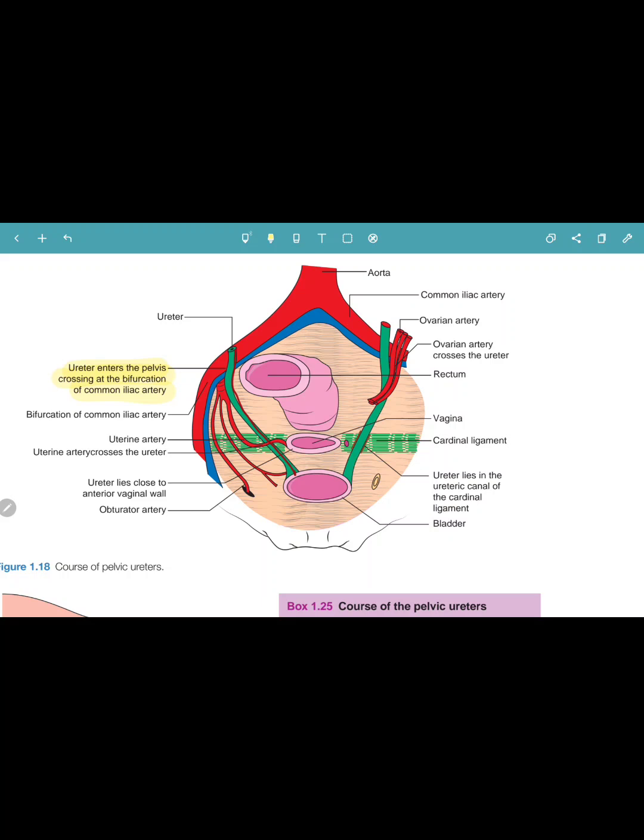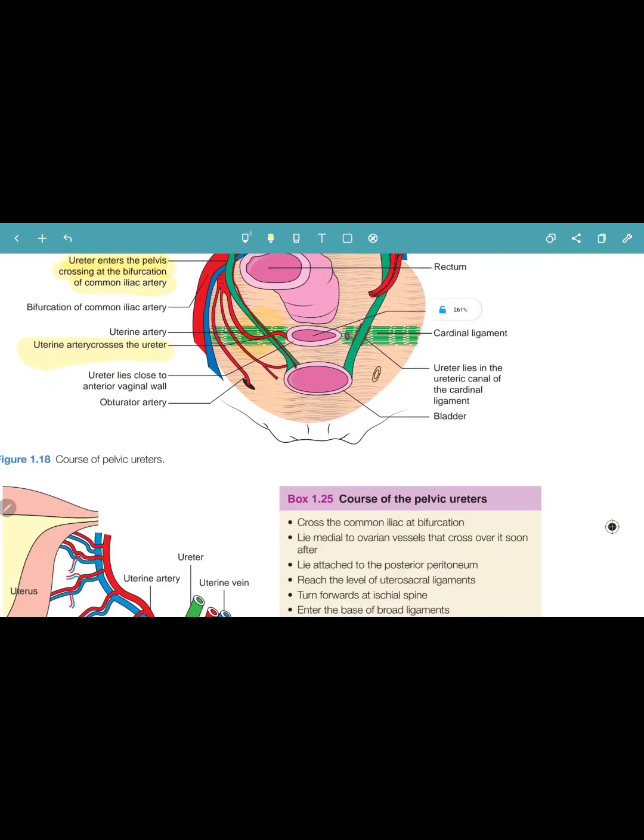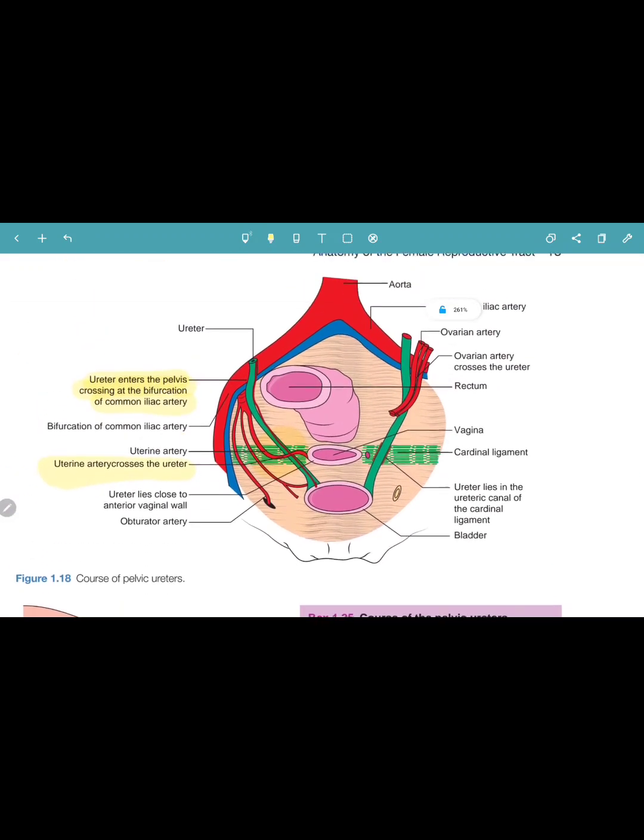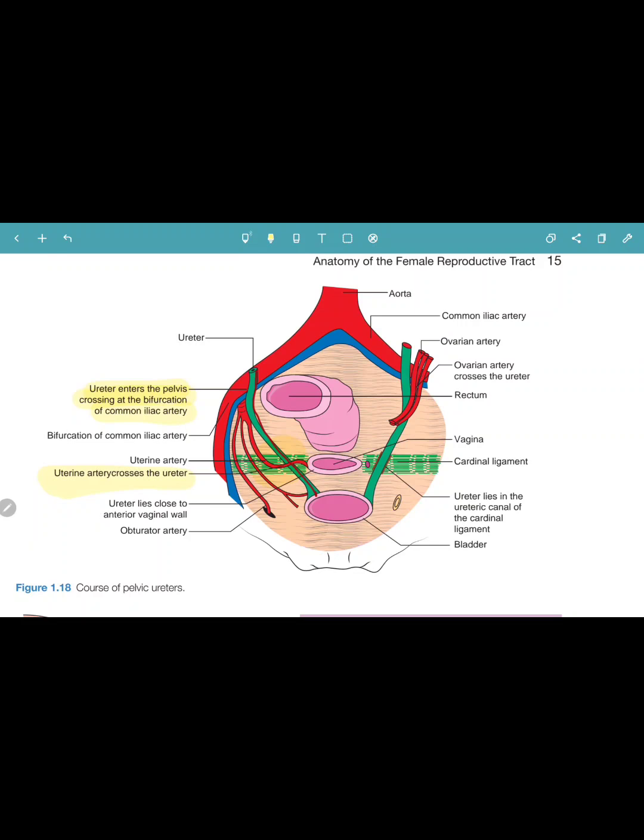The uterine artery crosses over the ureter. Just see this area: the uterine artery crosses over the ureter, and the ureter lies close to the anterior vaginal wall.